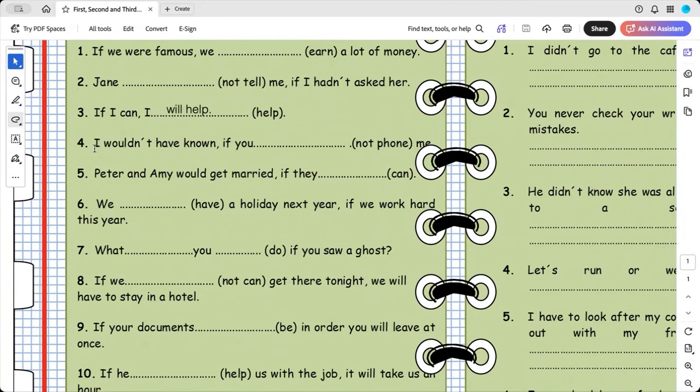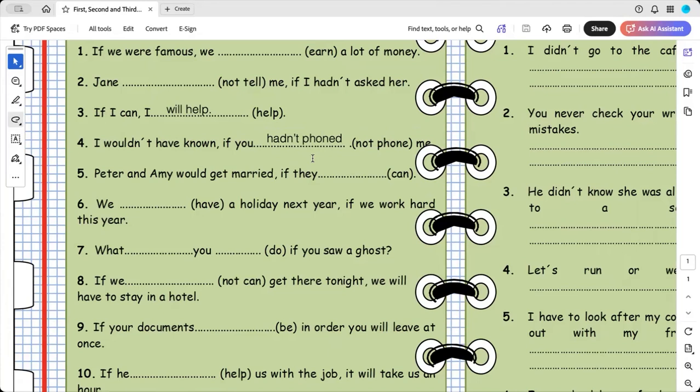Number 4: I wouldn't have known if you, look, have, present simple, known as the past participle. I wouldn't have known if you, so this has got to be past perfect. If you hadn't phoned. So this is the past participle in this sentence.